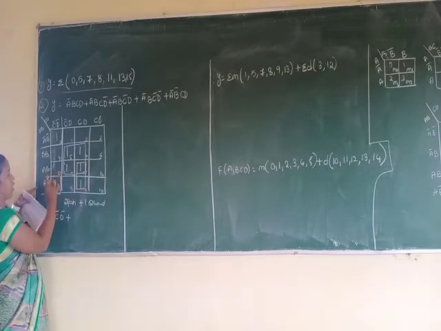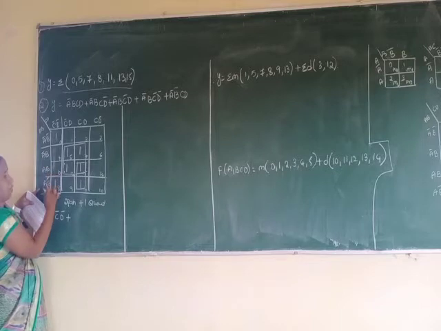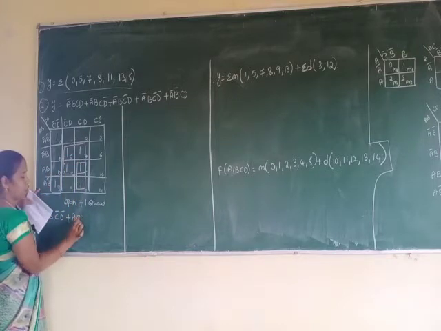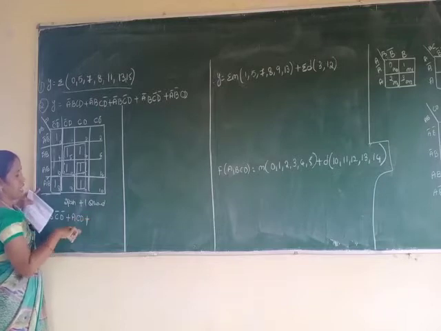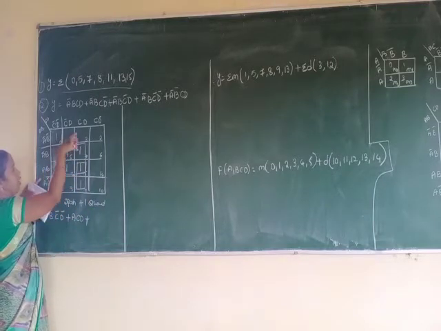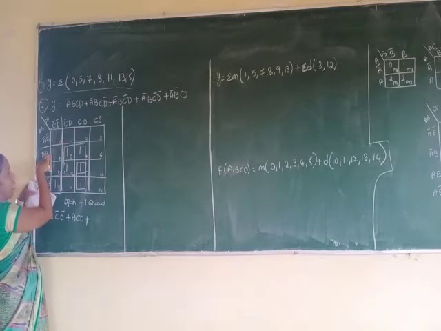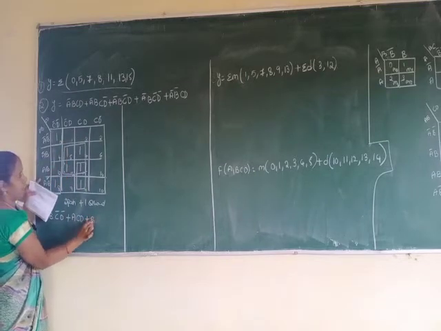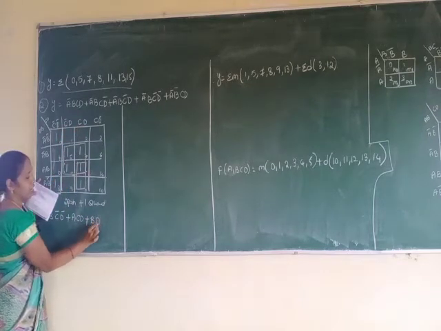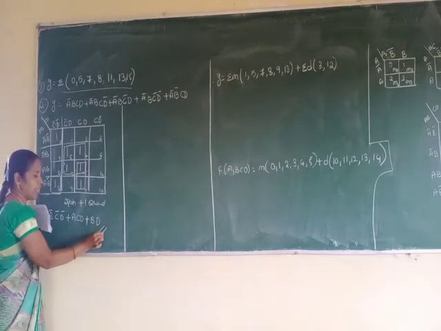If you check these two rows again, B bar gets cancelled, A will be there. Now this column it is C D. Next one is the quad. These 2 rows and 2 columns: A bar gets cancelled, you will get B, and C bar gets cancelled and you are getting D. So this is the reduced expression.